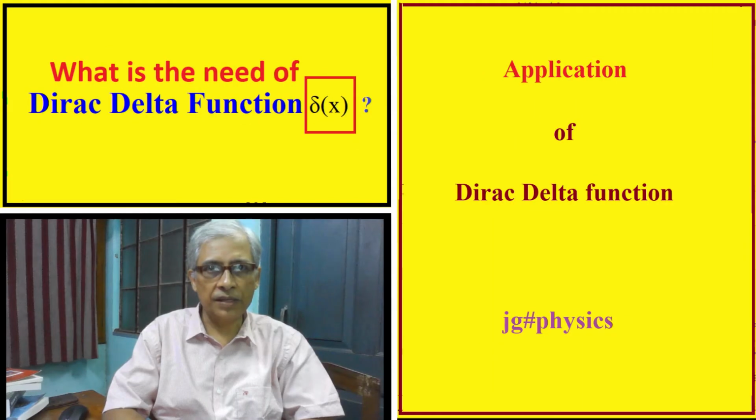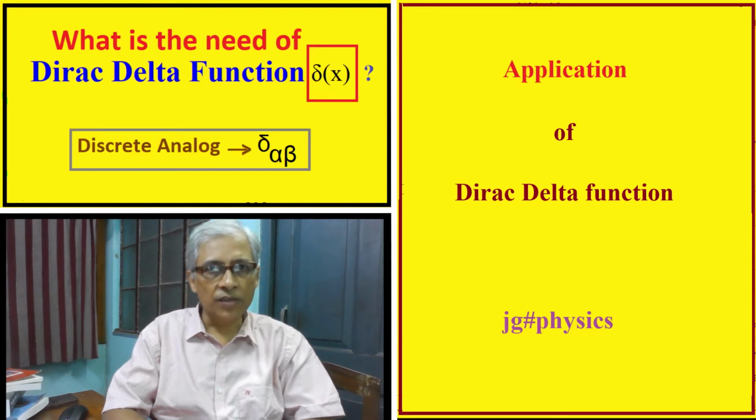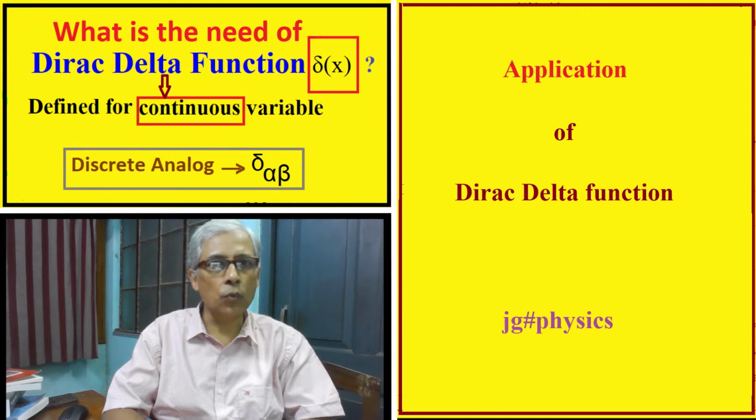First, let me specify why the Dirac delta function was defined. What makes it necessary to study the Dirac delta function, that is delta of x? Obviously, for discrete variable, we have Kronecker delta, and for continuous variable case, we need to have some quantity, and the continuous analog of Kronecker delta is the Dirac delta function.